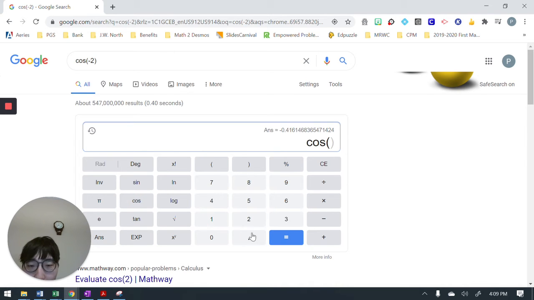Let's see. Cosine of negative 2. Now I'm using degrees, and that gives you 0.9999, and so on. Whereas if I use radians, it'd be different. Cosine of negative 2 is negative 0.461, and so on.